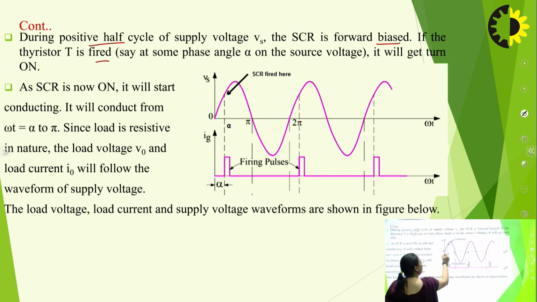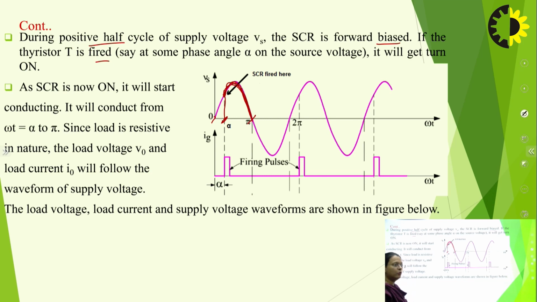From here to here, the thyristor is forward biased, but at an angle alpha it gets the firing pulses, and at once the output voltage switches to the supply voltage. This will be the output for the R load.